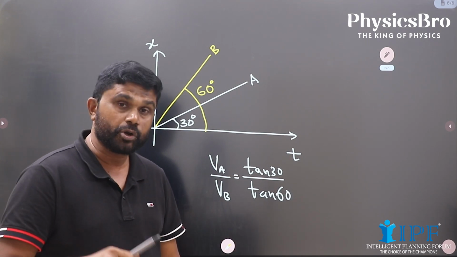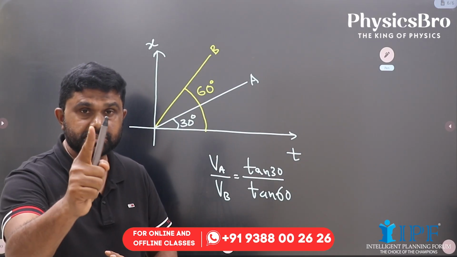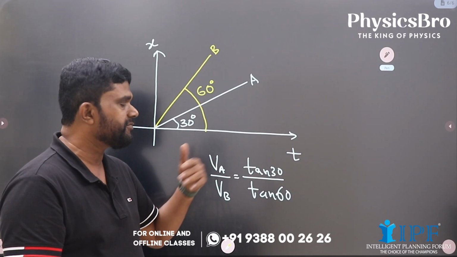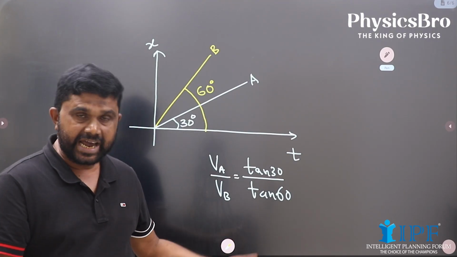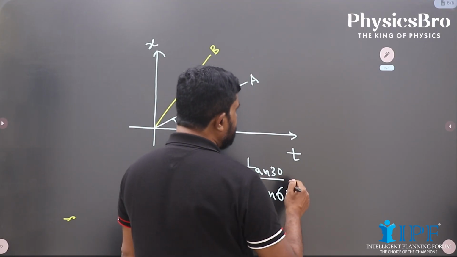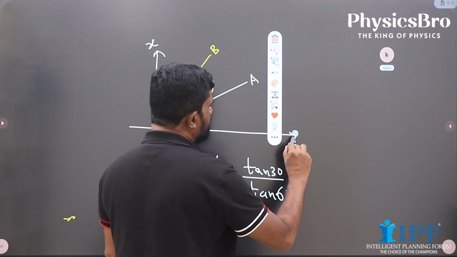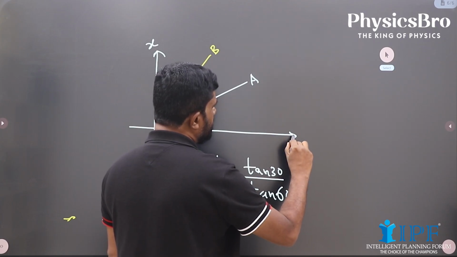Tan 30 or tan 60, which will be of higher value? As theta increases, all trigonometric functions starting with C will decrease. But here we have the tangent function. When theta is more, tan theta will be more. So tan 60 definitely will be greater than tan 30. Tan 30 is actually sin 30 by cos 30.